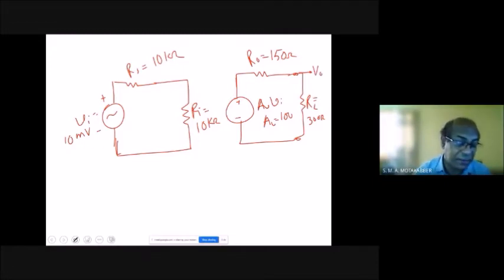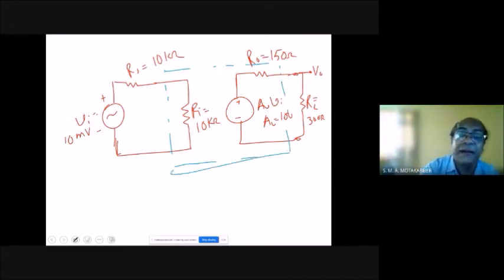So I try to use a different color, then it will be better. Now I draw this one. Now this is my amplifier. The blue dotted box is basically our amplifier.